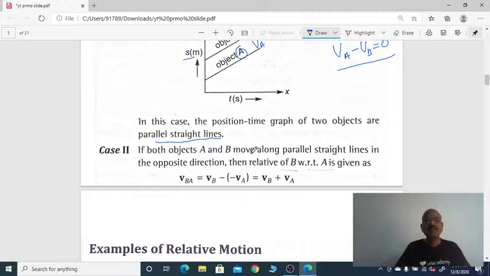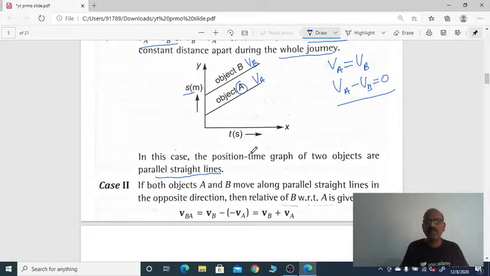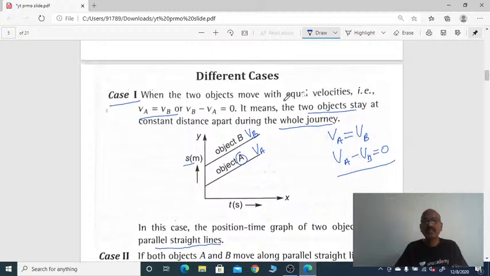Then if both objects A and B move along parallel straight lines in opposite direction. See, first case, they move in the same direction. Both bodies A and B move with the velocities VA and VB, both equal. Then they maintain the constant distance throughout the journey.